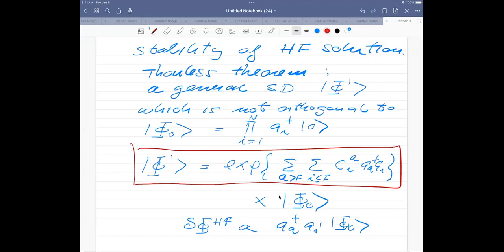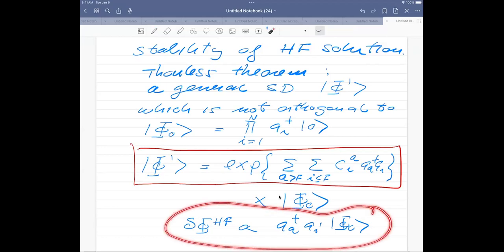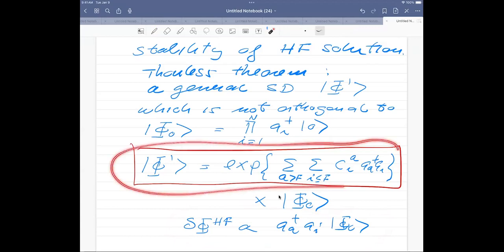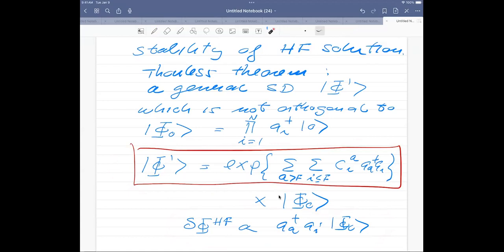So what I'm going to give you also next week when we discuss the stability of the equations is a more sound motivation for why we had this specific approximation when we looked at the derivation of the Hartree-Fock equations. So the derivation of the Hartree-Fock equation in second quantization simply starts with Thouless' theorem, which says that a general Slater determinant can actually be written in terms of a linear combination of particle-hole excitations.